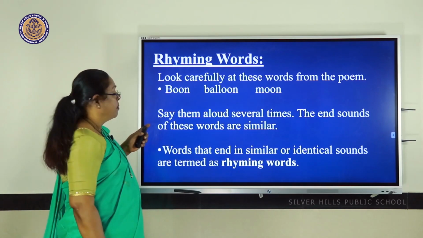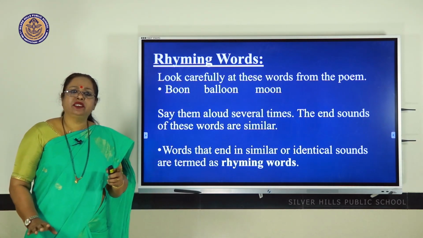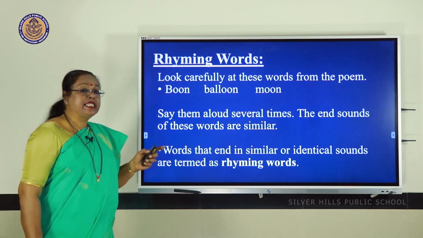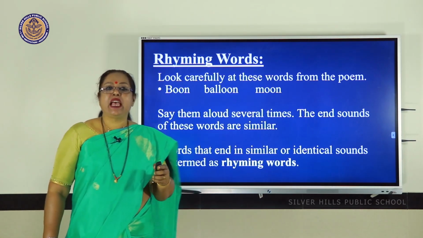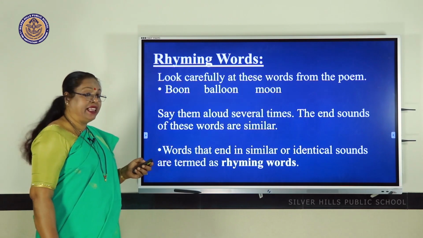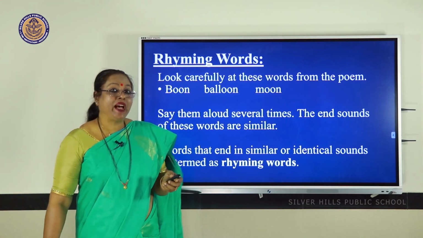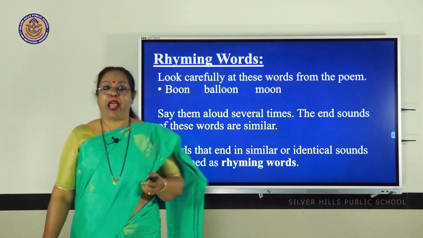Boon, balloon, moon. Their end sound is similar. Now, words that end in similar or identical sounds, we term them as rhyming words. That is why in this poem, the poet has used a lot of rhyming words.